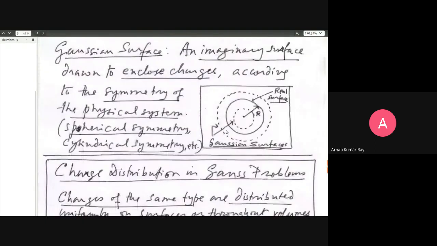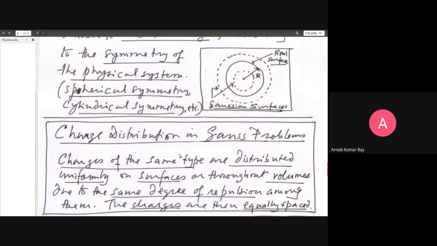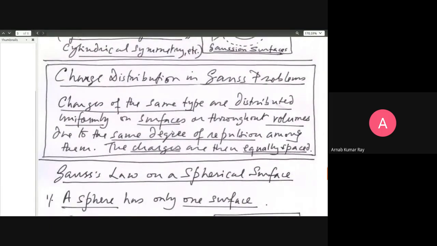So basically, if you have charges of the same type, they'll repel one another, and eventually they will settle into a configuration whereby no two charges will be any closer or any farther between themselves than any of the other charges. As a result, they will maintain the same spacing and they'll be uniformly distributed. So that is what it is.